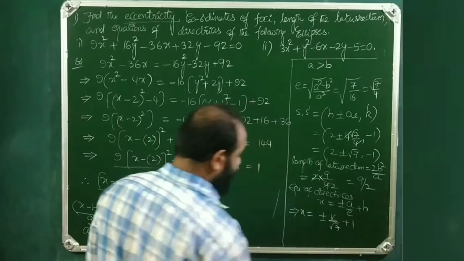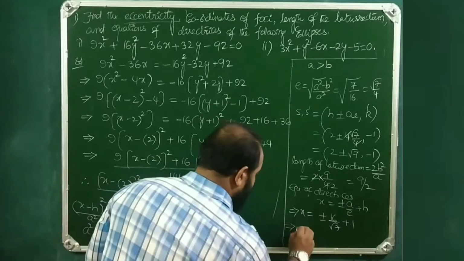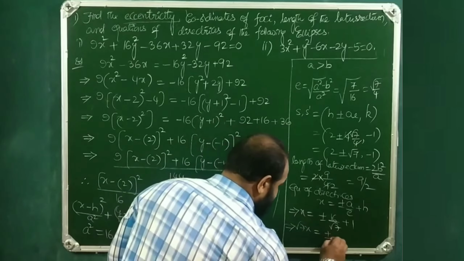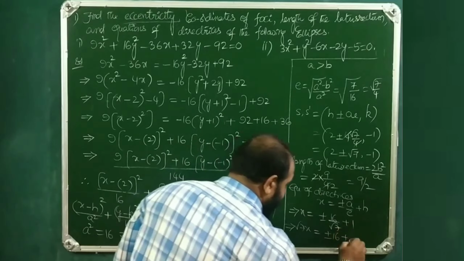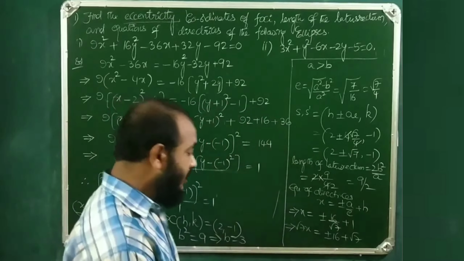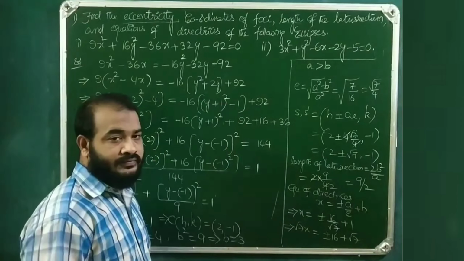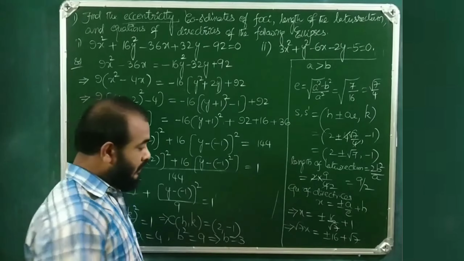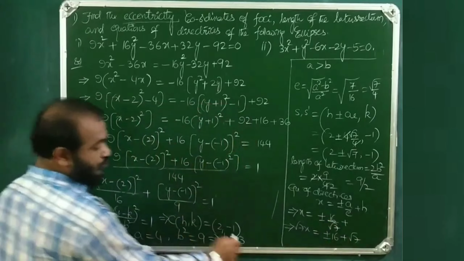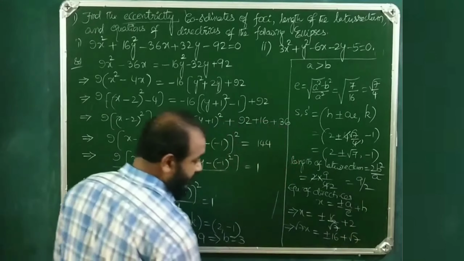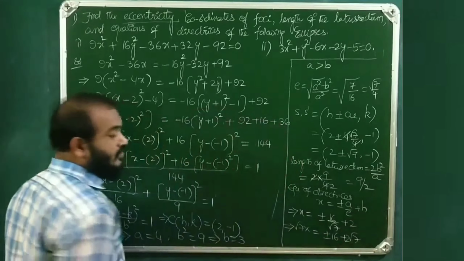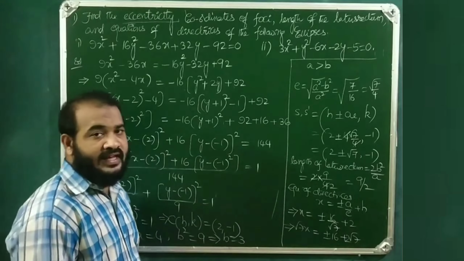So root 7 x is equal to plus or minus 16 plus root 7 into the h value, which is 2. So this is 2 root 7, our equation of the directrices.